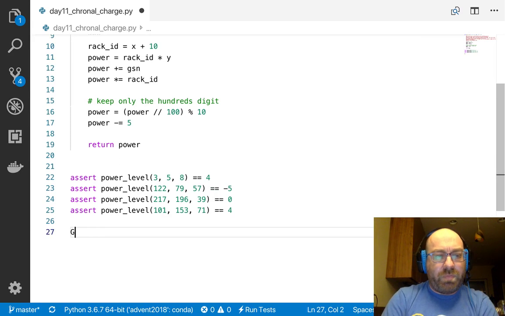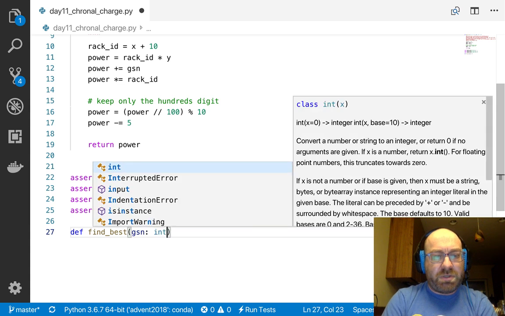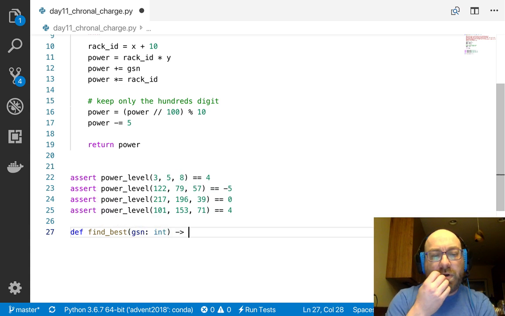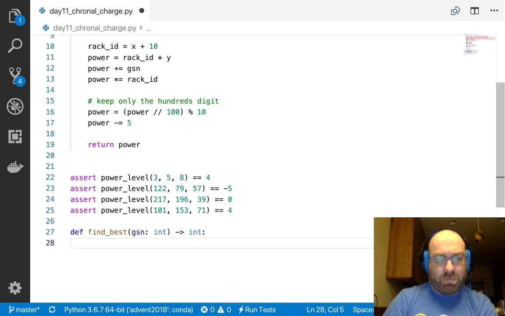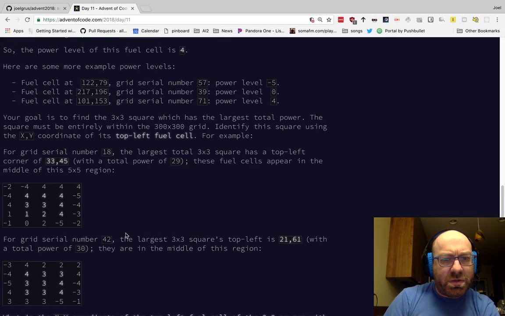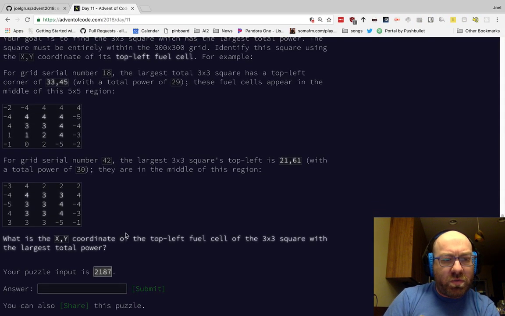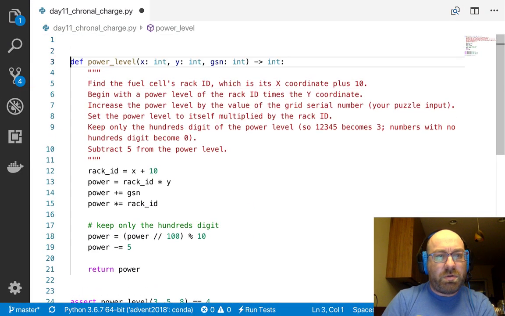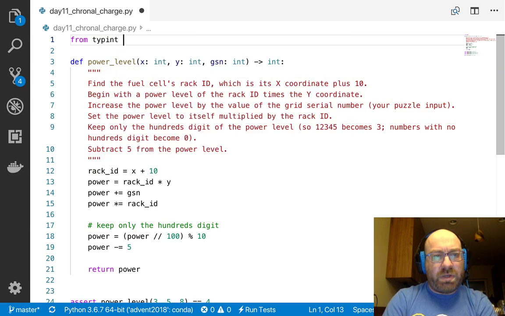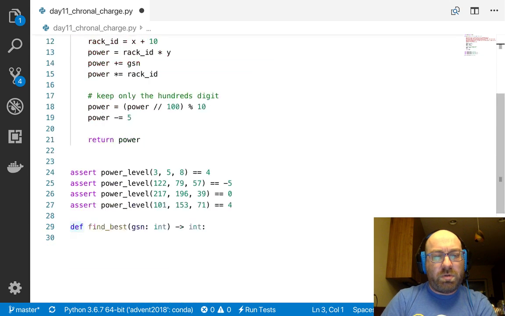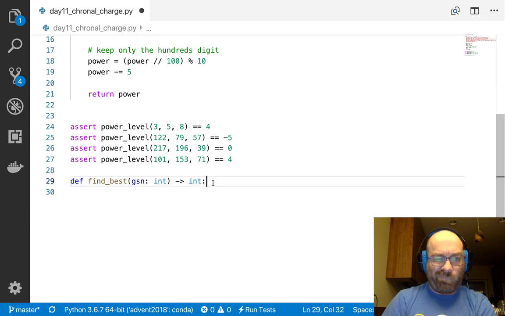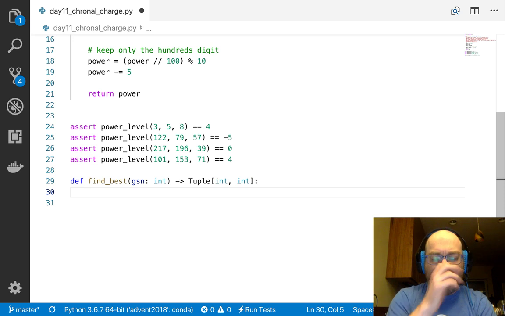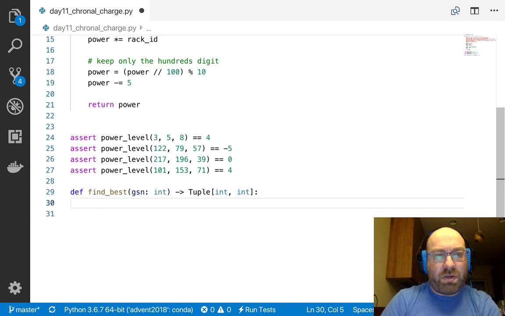Let's do find_best with the GSN, which is an int, and that will return an int. Is that the int? X, Y coordinates. No, it'll return a tuple of ints. So, from typing import Tuple, this will be a Tuple of ints. And so let's say, what did I call these?